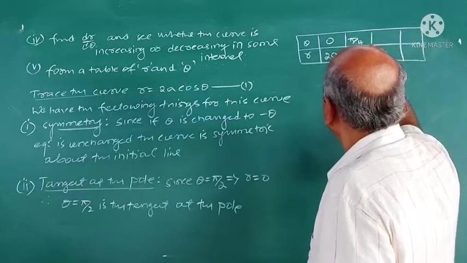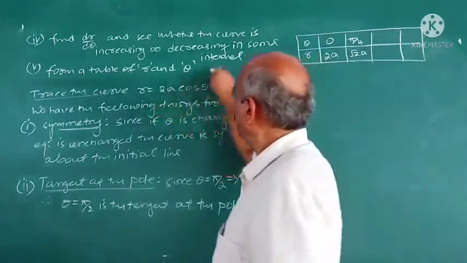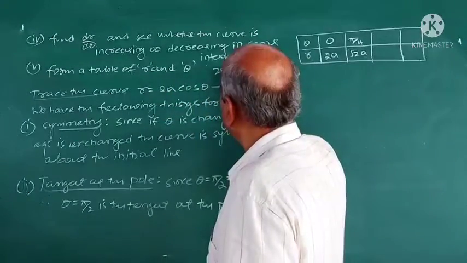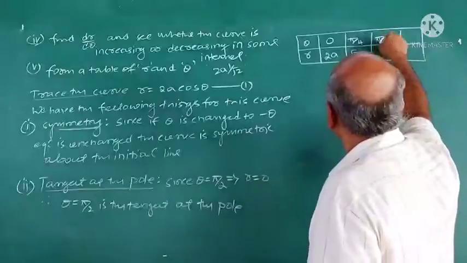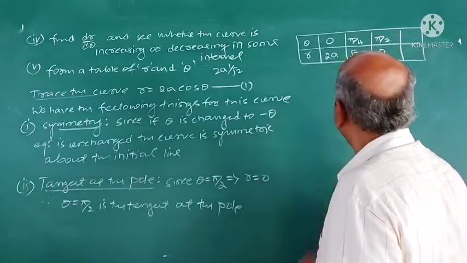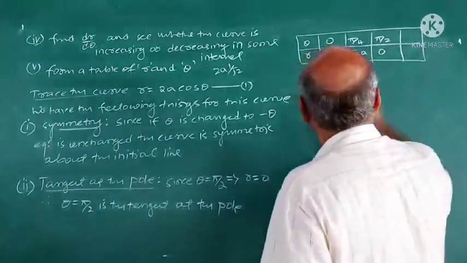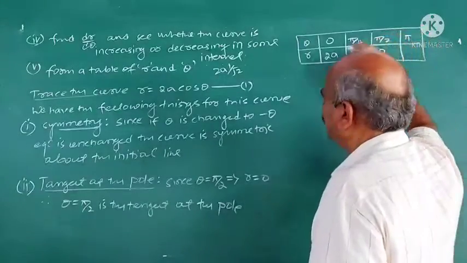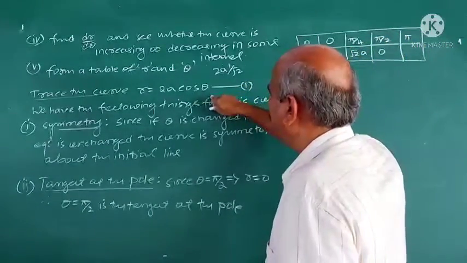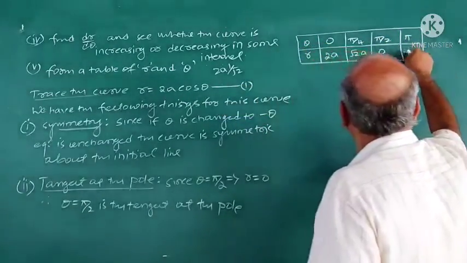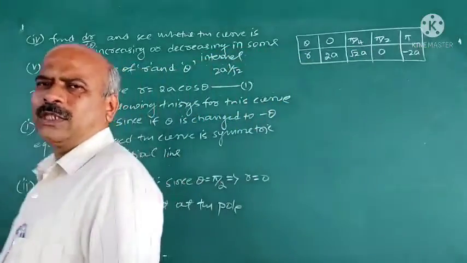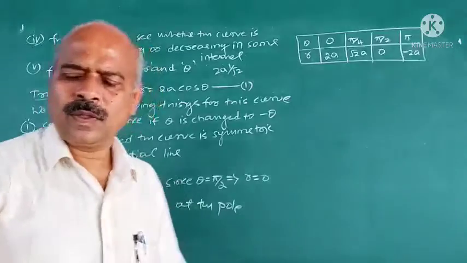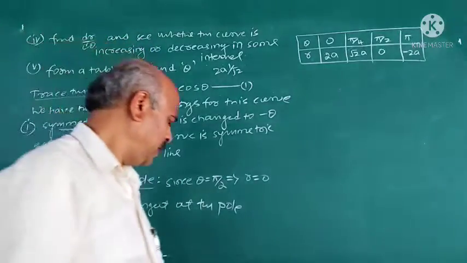Root 2a, because 2a cos pi by 4 is 1 upon root 2 times 2a. Theta is pi by 2, r is 0. And theta is pi, r is minus 2a, because cos pi is minus 1.